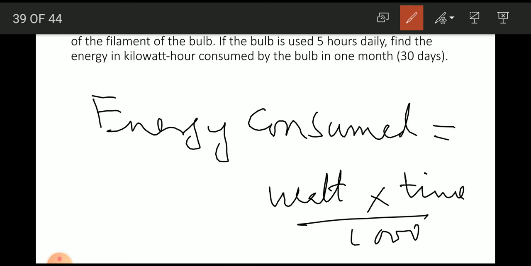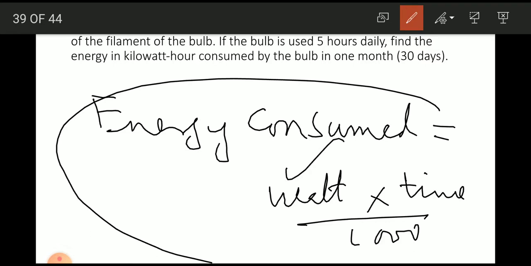You will get the energy consumed from this. Find the energy in kilowatt hour consumed. Find the resistance of the filament also. For energy consumed, you will use this formula. We have the power, we have the time, this one you can get.